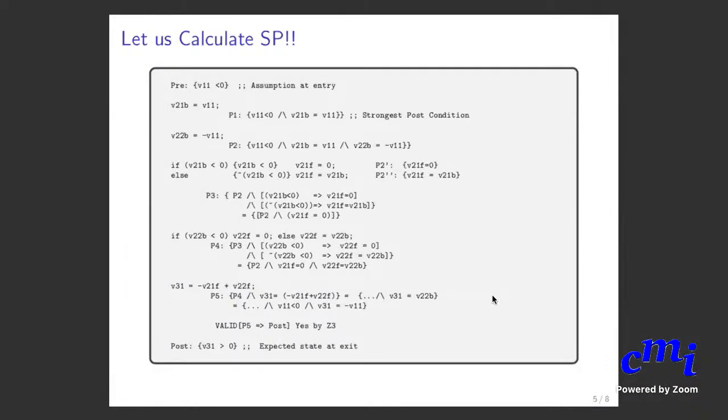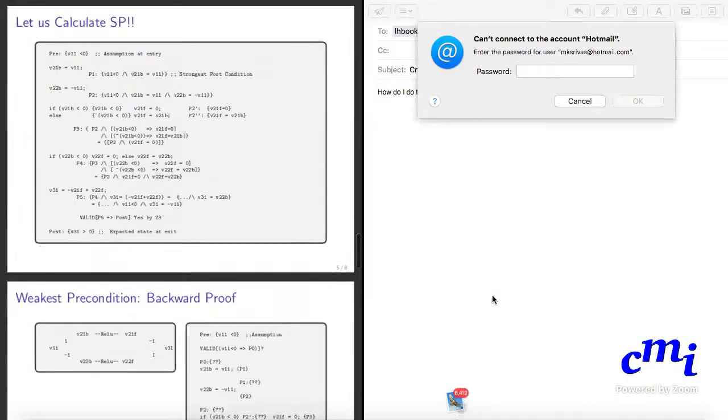If I get the strongest postcondition, then I know that is how. How do I do this? I have to figure this thing out.